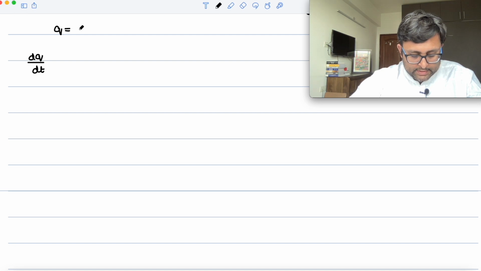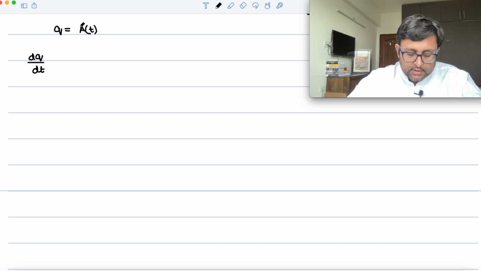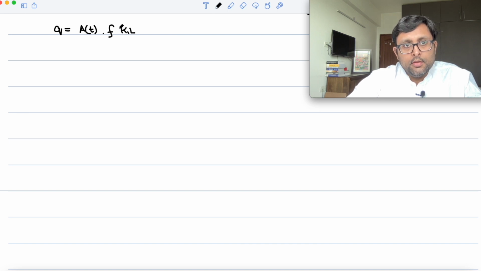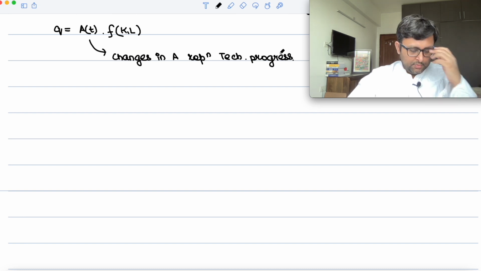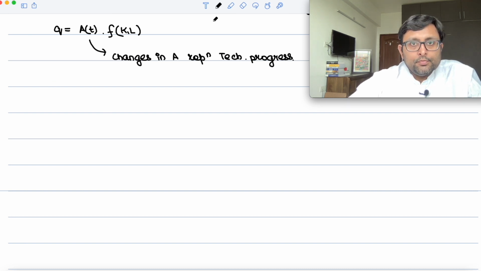So Q is equal to A into f of K, L. Changes in A represent the technological progress.